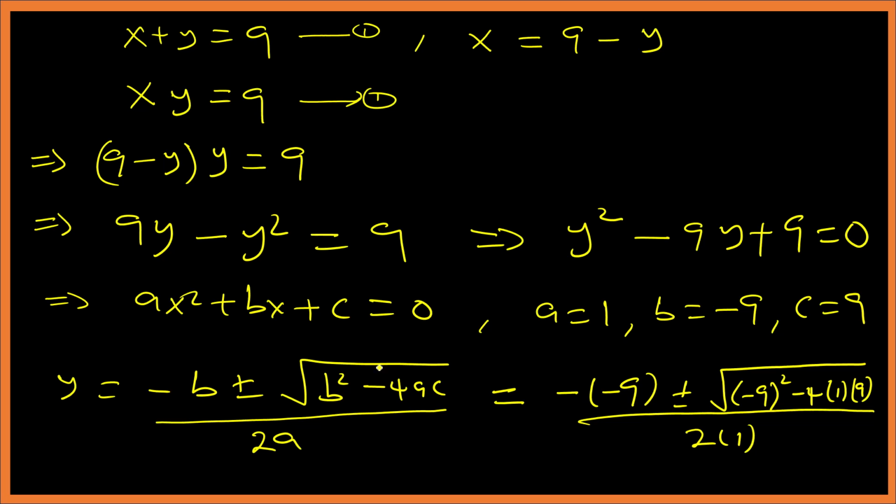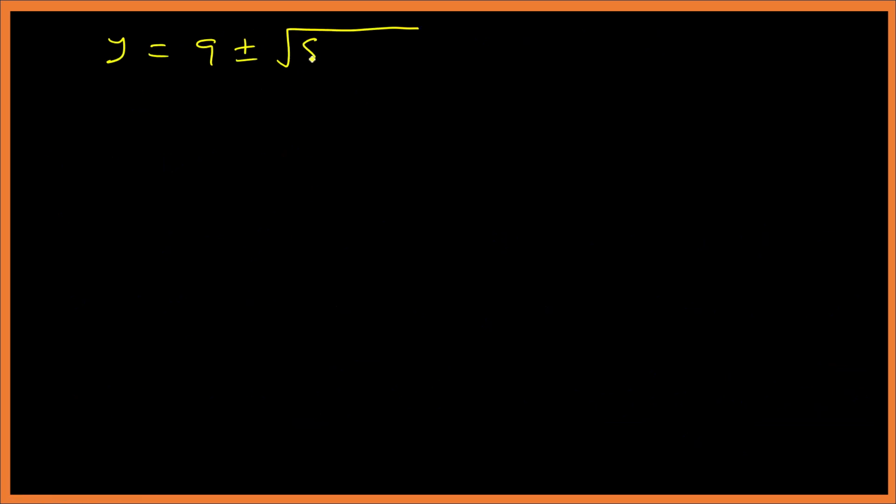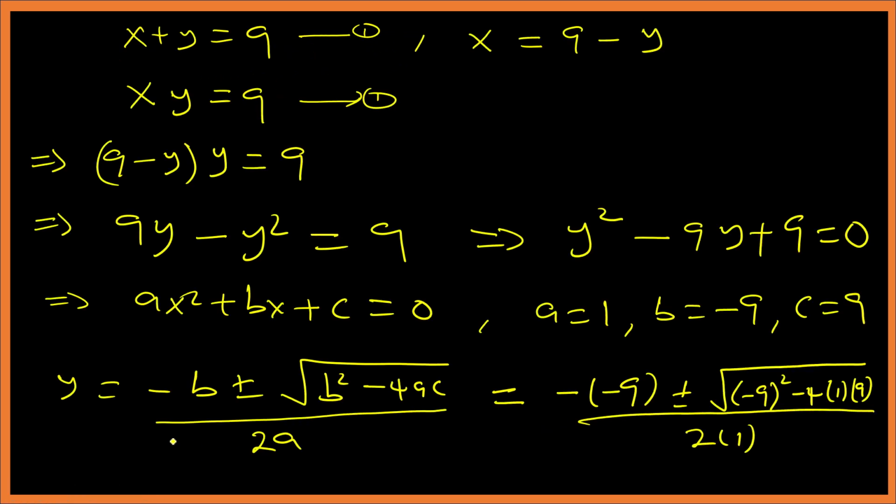So this side will be Y equals 9 plus or minus the square root of 81 minus 36, over 2. Let's confirm. Yeah.